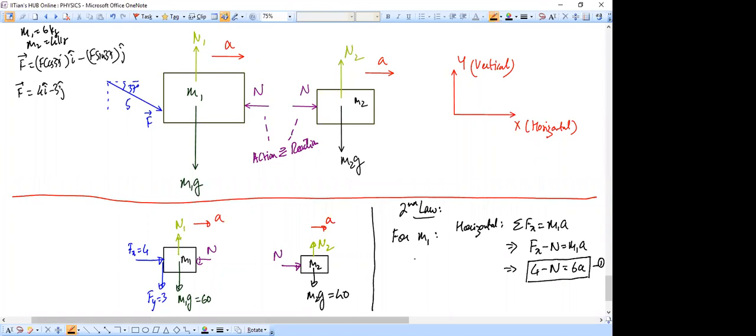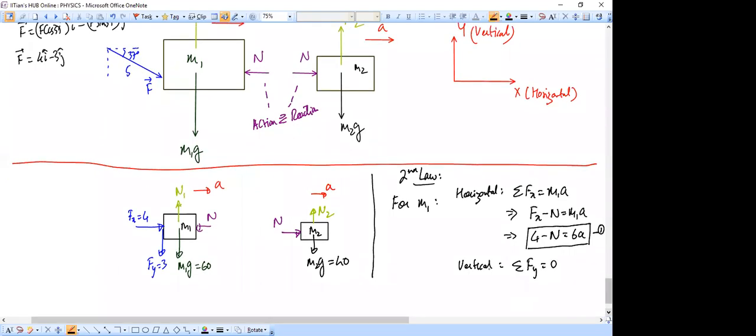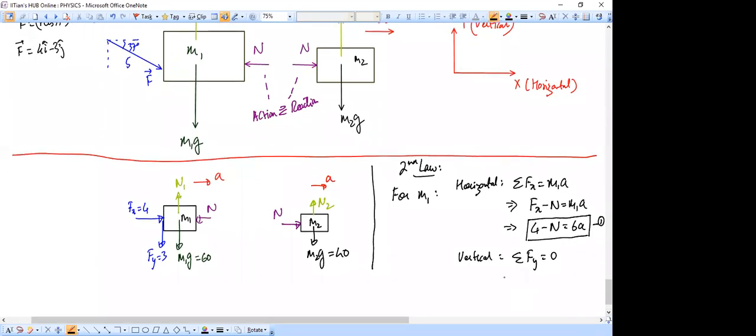Okay. Now for the vertical direction, summation Fy should be 0. It should be balanced. So what are the vertical forces acting on this block? We can see there is plus N1, okay, minus F's y component minus M1g is 0. That means this normal reaction is balancing the sum of the weight plus the vertically downward component.